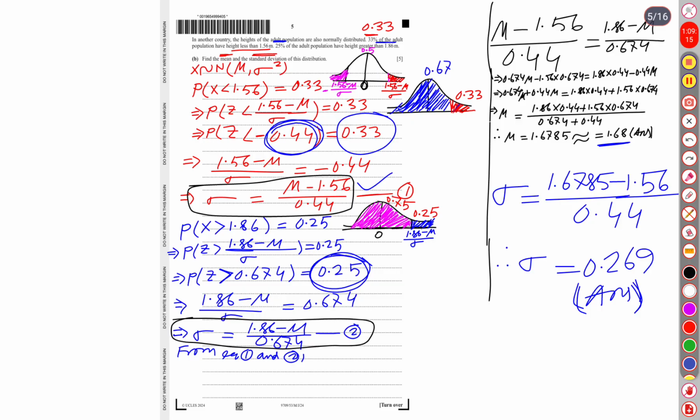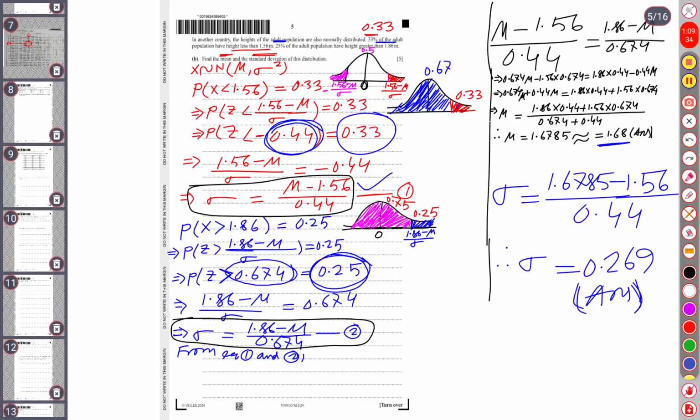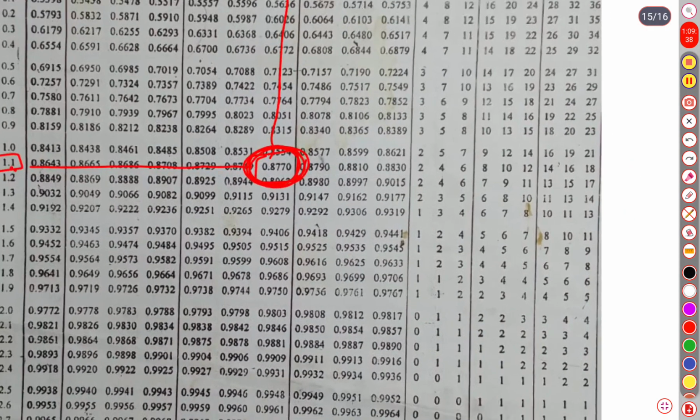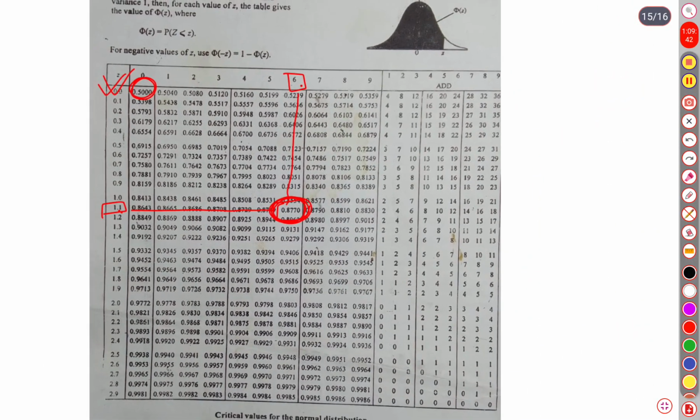Then the next probability is 0.25, and we have got 0.674. Our corresponding probability will be 0.75, so let's see for 0.75. It may not be visible in the upper main table.